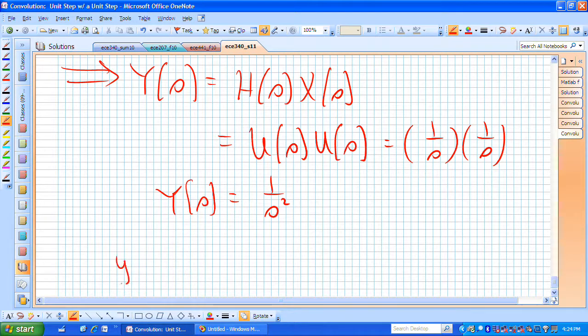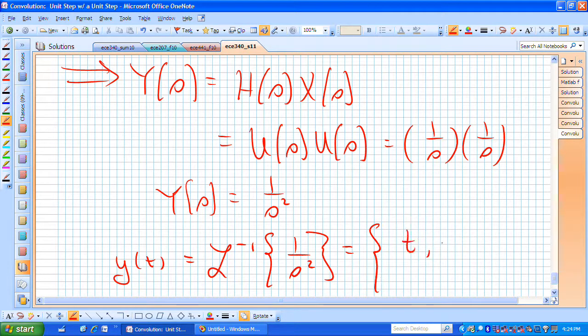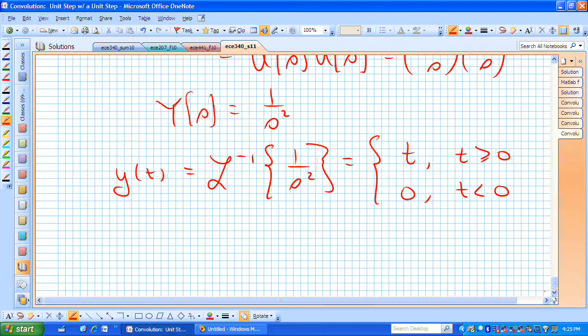If we want to obtain y of t, the time domain answer, we need to inverse Laplace transform that capital Y of s, which is the inverse Laplace transform of 1 over s squared. And if you look at your tables or actually compute the inverse Laplace transform of that expression, you see that it's this ramp for non-negative values of t, and it's 0 for negative values of t.